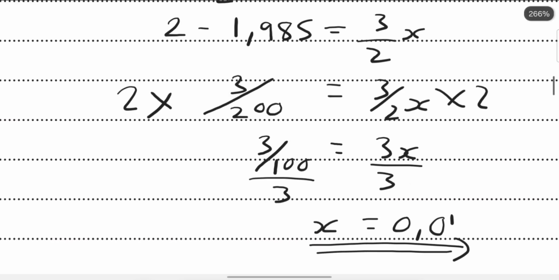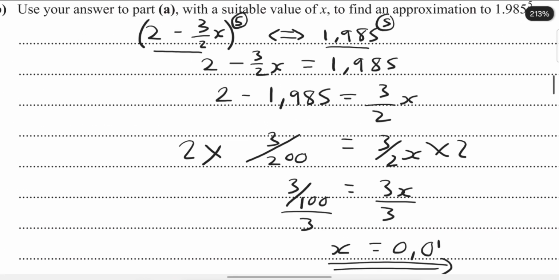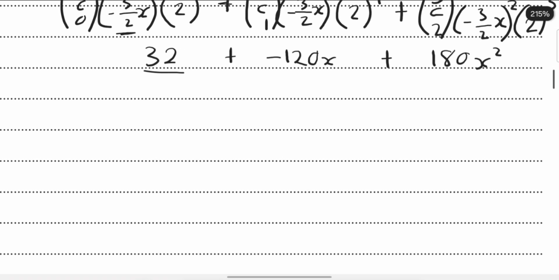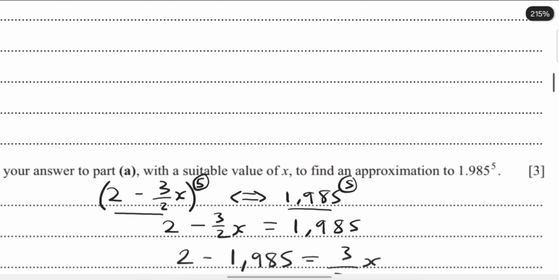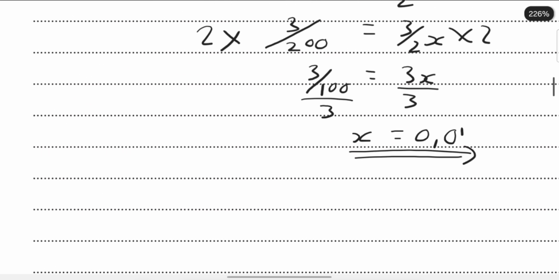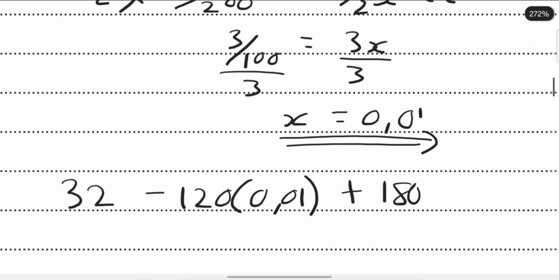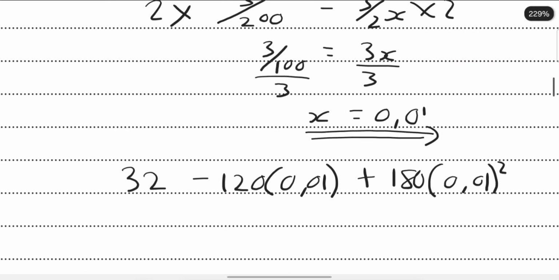So with this value of x now, we are going to use our answer from part A, which is this 32 minus 120x plus 180x squared, substituting this value of x into that. So we're going to write 32 minus 120 times 0.01, then plus 180 times 0.01 squared, right?